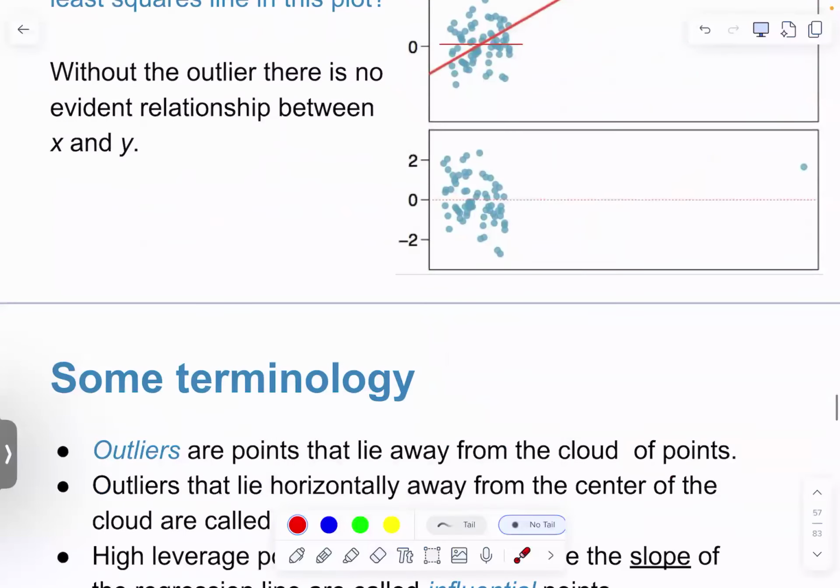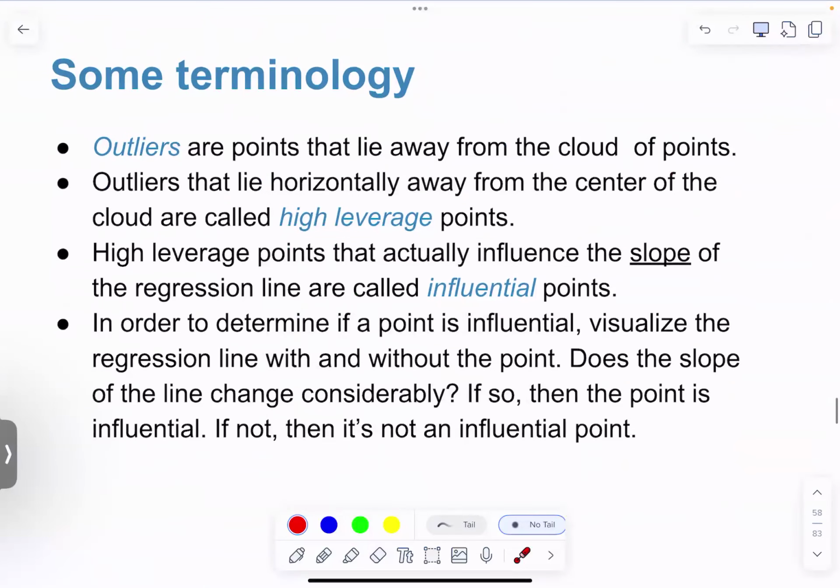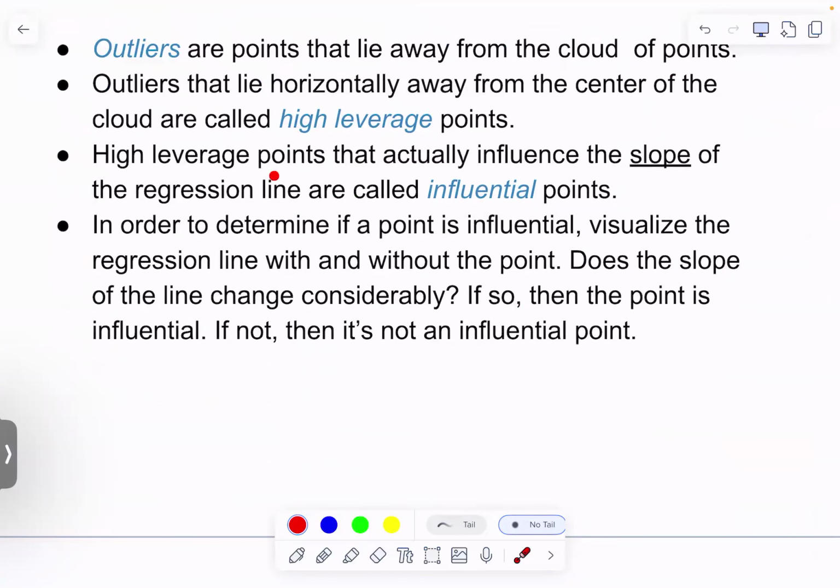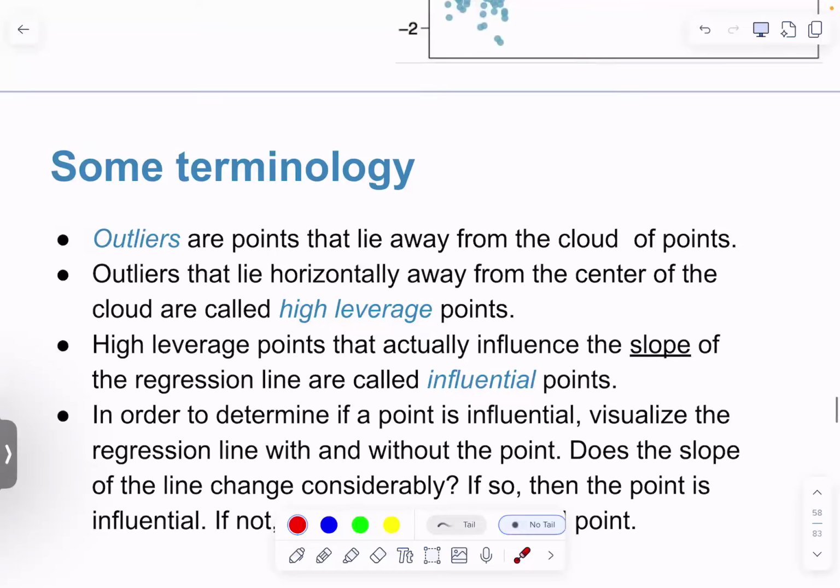So I'm trying to remember, it's a high leverage point, kind of physics at play, right? Kind of leveraging the line. Like I said, I'm not going to test you on the terminology. They exist, so it's nice to talk about them. And so high leverage points that actually influence the slope of the regression line are called influential points.